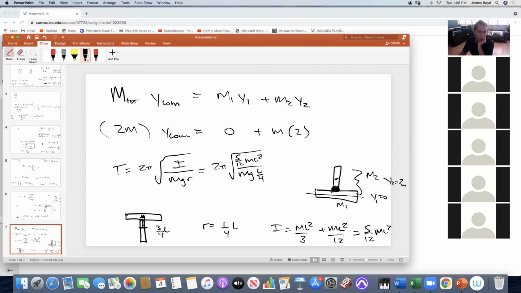That becomes m cancel, 1 L cancels, and I get 4 over 12 is 1/3, so I get 5/3 L over G. L is 4 meters. 2 times pi times square root of 5 times 4 meters, which is 20, divided by 3 times 9.8. And that's 5.18 seconds.